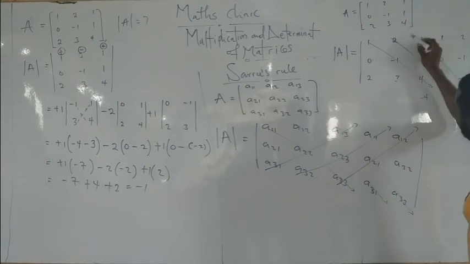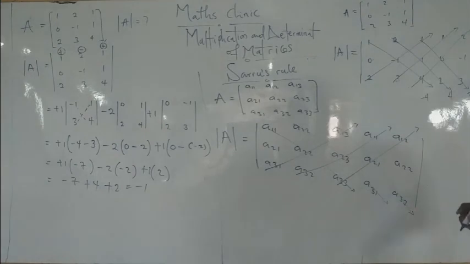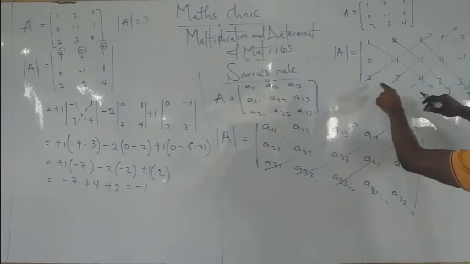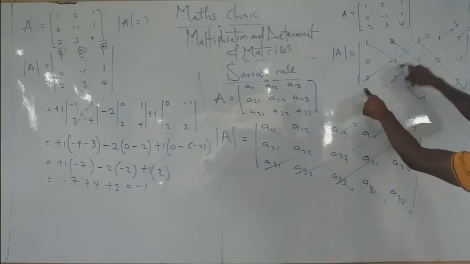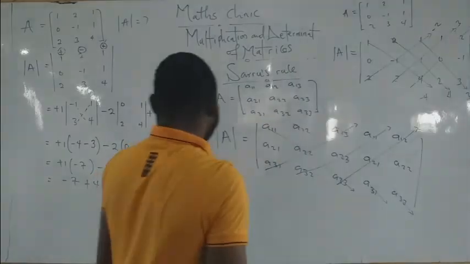Then we can't put like this because it's not up to 3. We put this way, we put this way, we put that way, okay? 4 times 0, 0 times 2, that's 0. 3 times 1, 3 times is 3, minus 2. That's all. Then what are we going to do now?